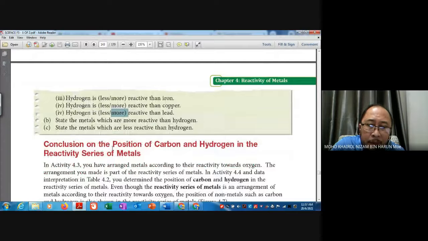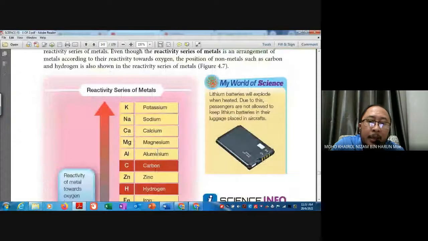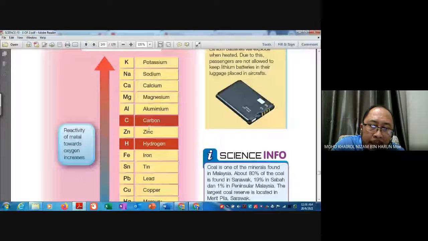So the conclusion from this activity, the position of carbon and hydrogen in the reactivity series of metals, is that the reactivity of carbon is between aluminium and zinc, while the reactivity of hydrogen is between zinc and iron.